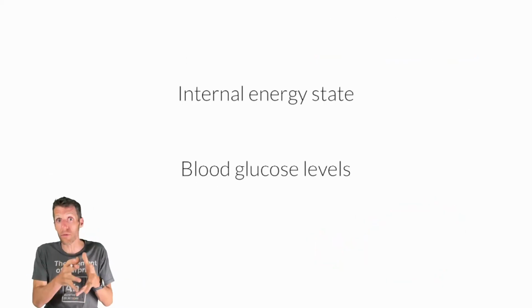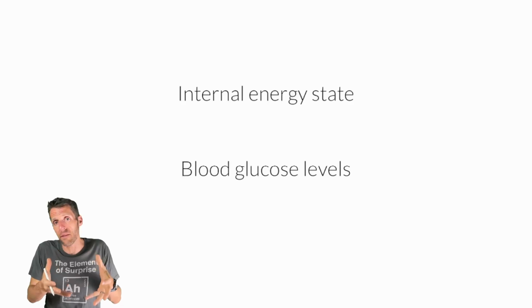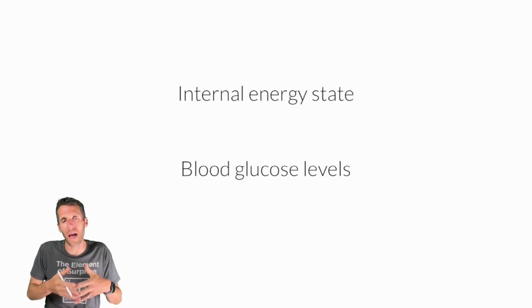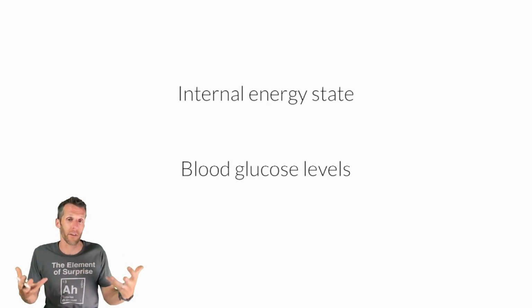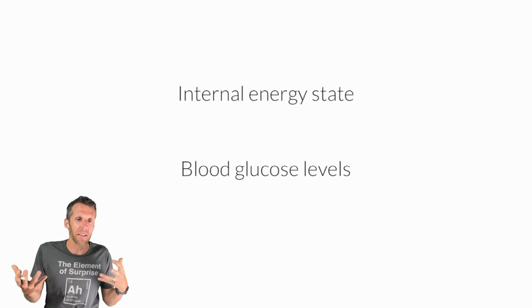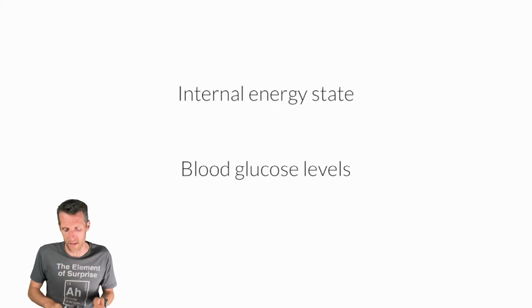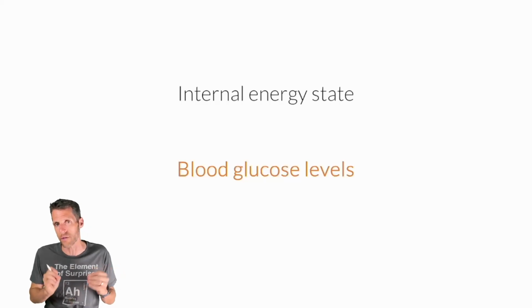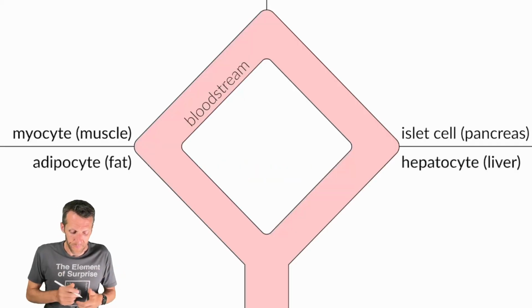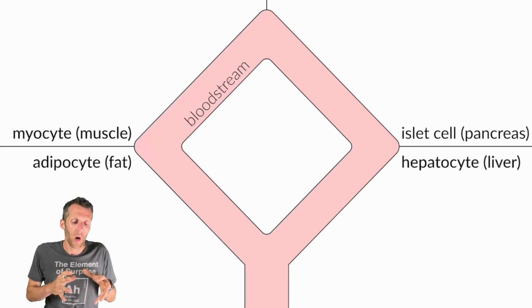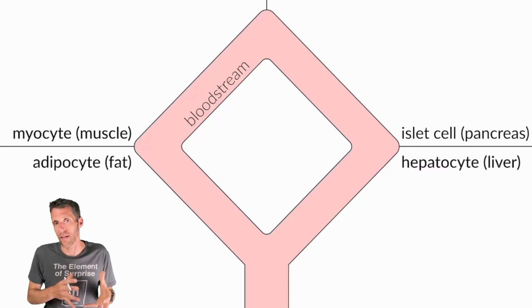Okay, so that was at the level of, say, an individual cell. What happens at the level of, say, our whole physiology, our blood glucose levels? The idea here is we can start saying, oh, there are some parallel sorts of ideas at play across these physiological scales, from individual cells to whole physiology. So, again, like many things in these videos, we'll unpack these in more detail later.